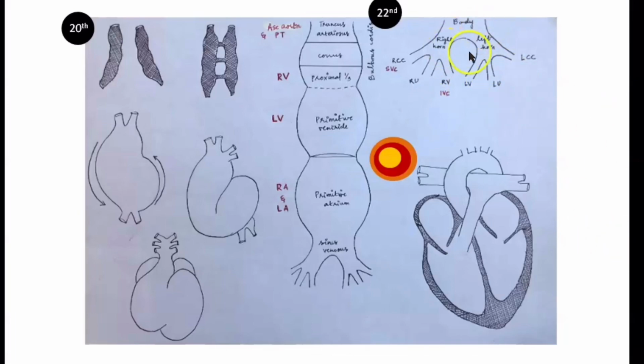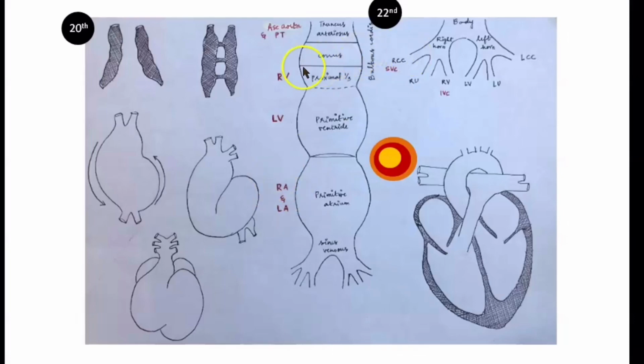Now the left horn will regress, and whatever portion remains will form the coronary sinus. The right horn will get absorbed into the primitive atrium, and it will form the posterior part of the right atrium in the future.